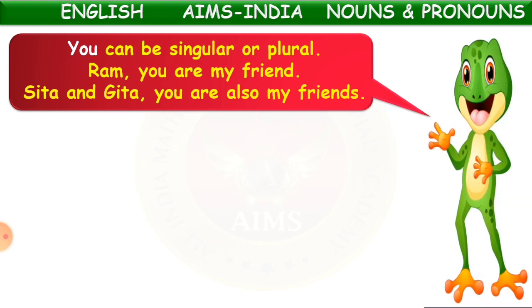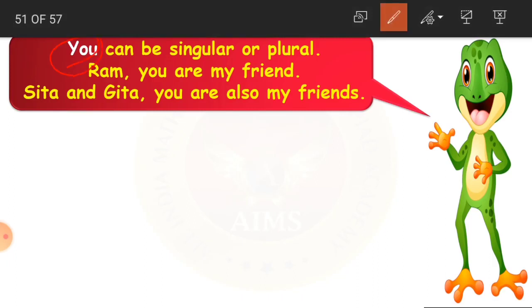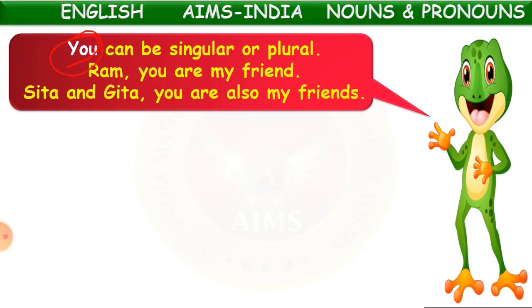Here you can be singular or plural. This word you may be singular or plural. We address both singular and plural with the same word you. In plural form it is you, and in singular form also it is you. If you see the sentence, Ram, you are my friend, we are talking about Ram only.